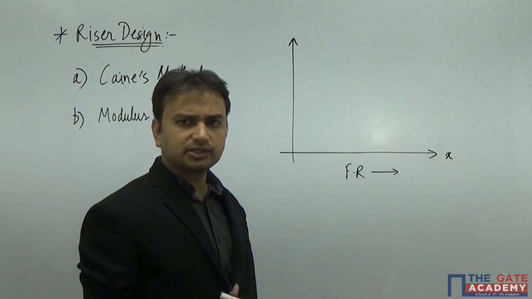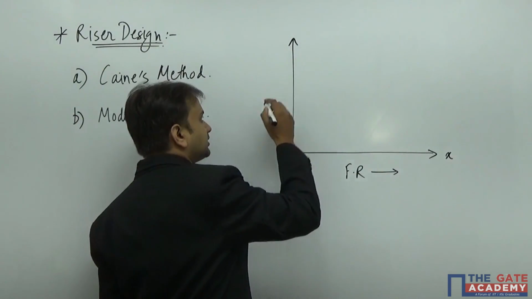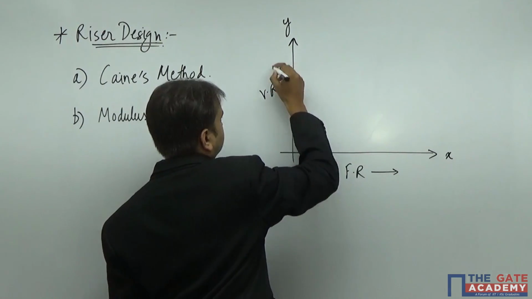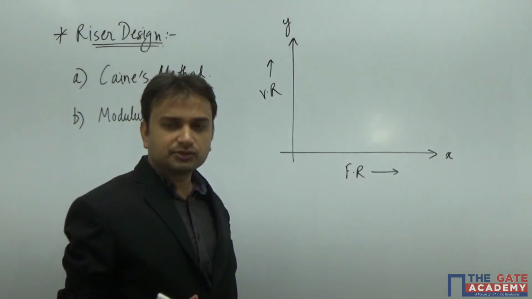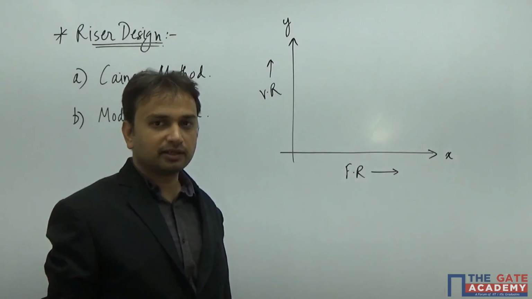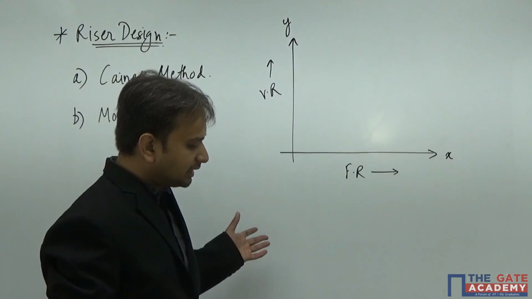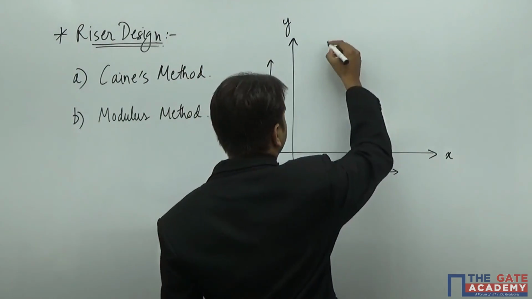Okay, fine. Now what is freezing ratio, sir? I am going to tell you about that. Next, the y-axis is the volumetric ratio. Now again, what is volumetric ratio? I am going to tell the same thing again. Okay, now what he did was that he made a graph, and it looked something like this.